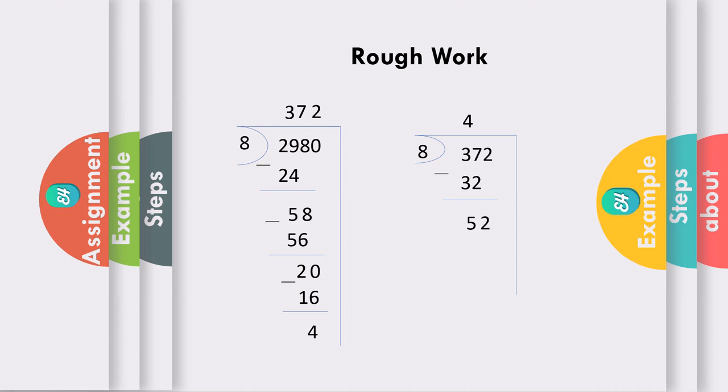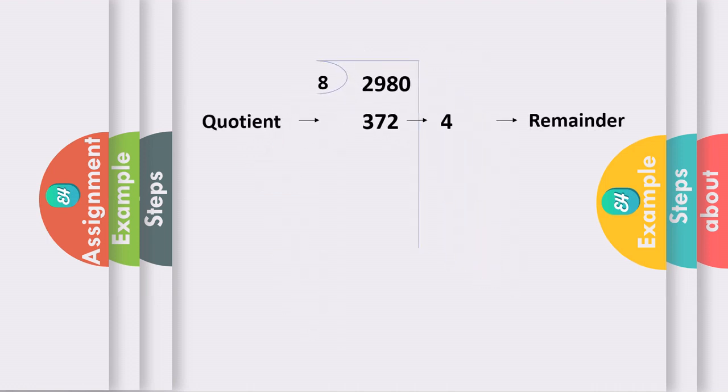Next number is 52. So 8 sixes are 48. And the remainder is 4. So let us make note of the quotient and remainder in our example. So 372 divided by 8, quotient is 46 and the remainder is 4.